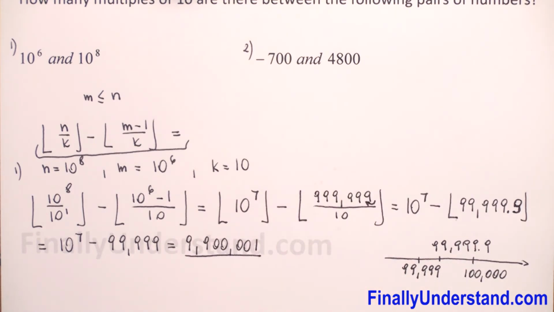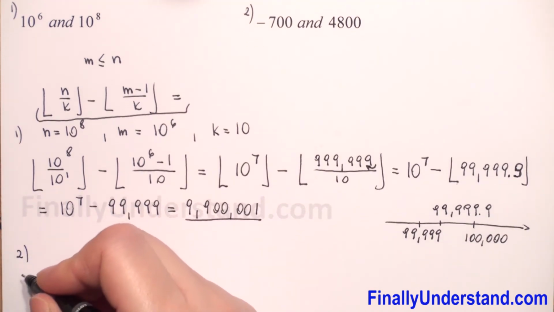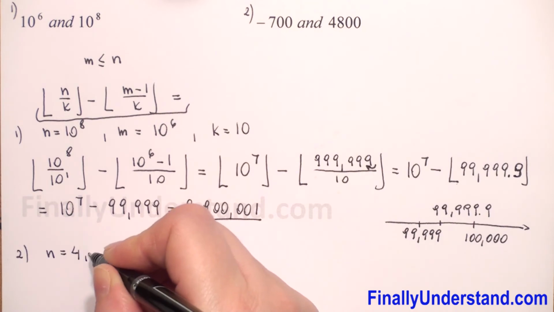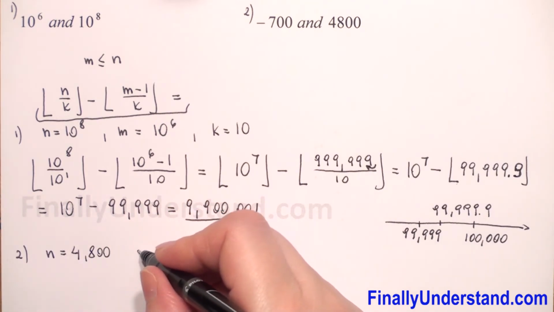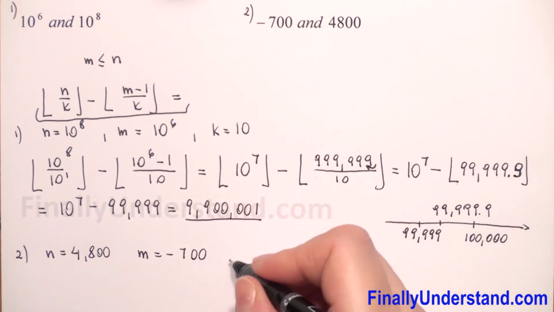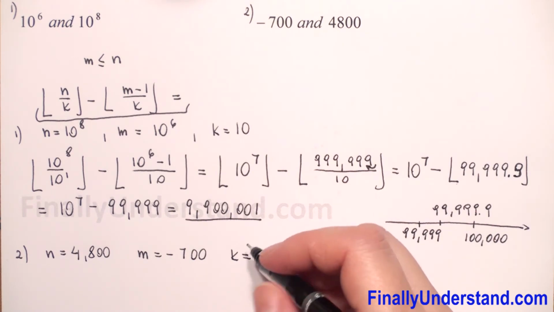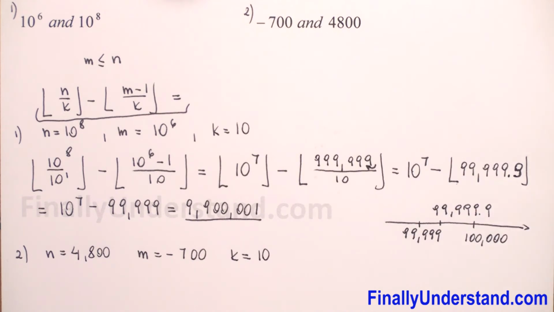And for the second, now we have that n is equal to 4,800 and m is equal to negative 700. The number of multiples of 10 we have to find, so k is equal to 10.